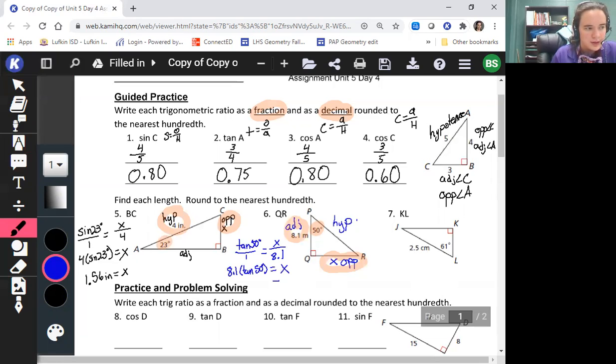And we can go ahead and put that in our calculator, 8.1 times tangent of 50 degrees. And we get 9.65 because we are rounding again to the hundredths place. And after the hundredths place is a 3, so the score stays the same. So 9.65 meters.